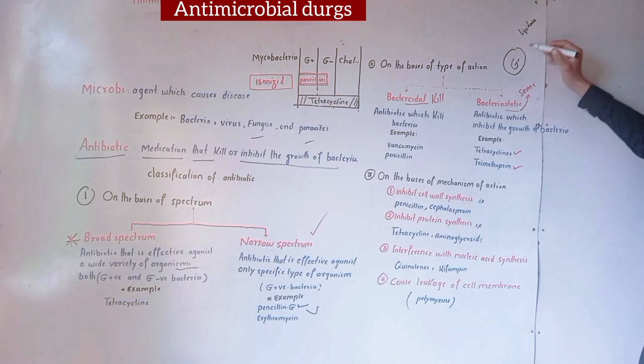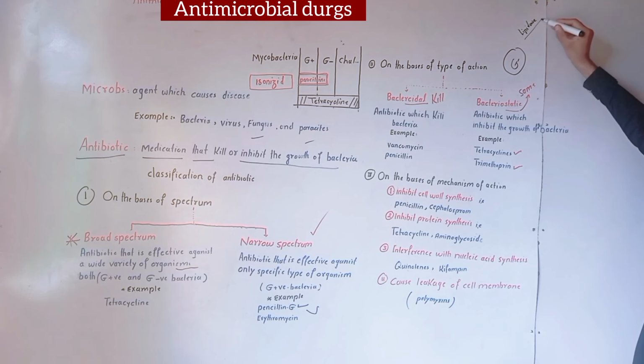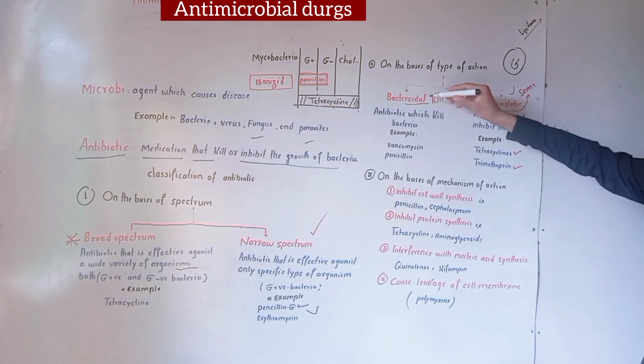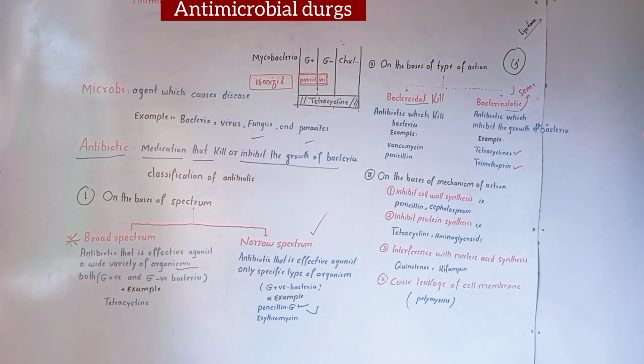Now, if you choose bactericidal and you have a large number of gram-negative bacteria, then all the bacteria rupture and release lipopolysaccharide, which acts as an endotoxin and may cause shock. That's why sometimes bacteriostatic is better as compared to bactericidal.